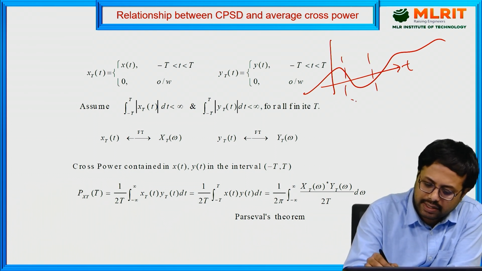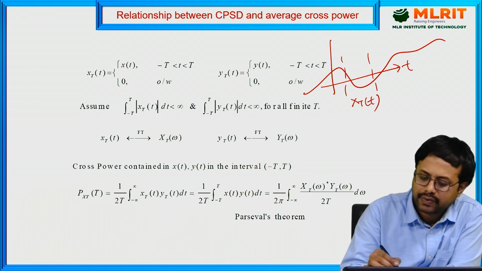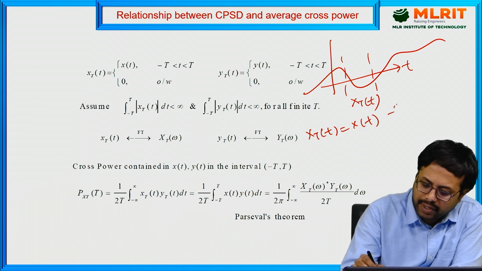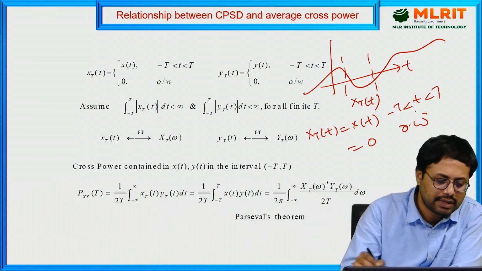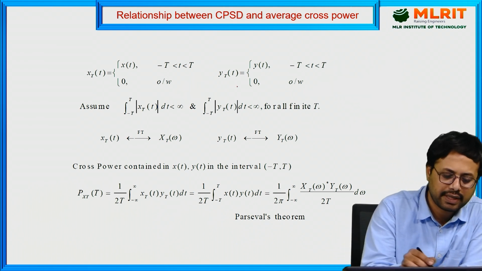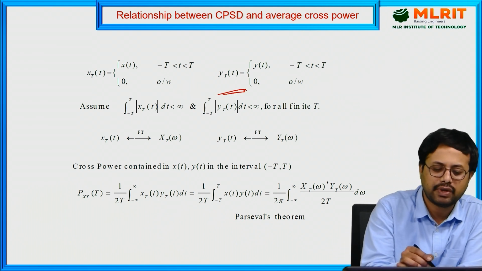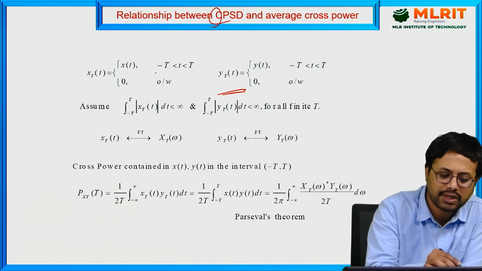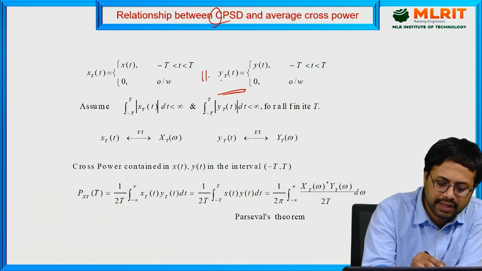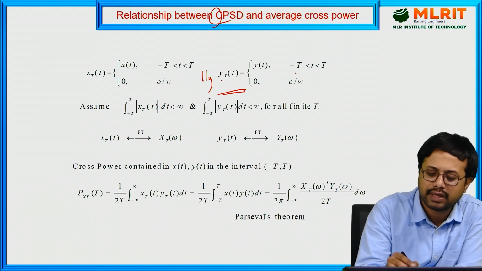I am considering xT of t equal to x of t for the interval minus T to T, 0 otherwise. Similarly, we take one more signal y of t, because we are discussing cross, meaning two different processes. Similarly yT of t equal to y of t for the interval minus T to T, 0 otherwise.